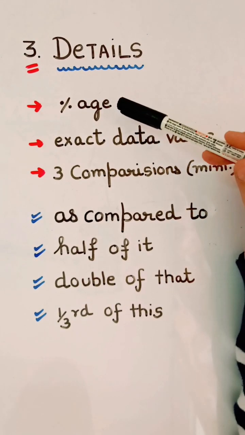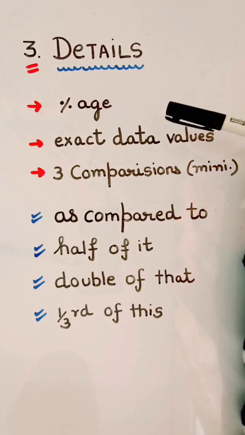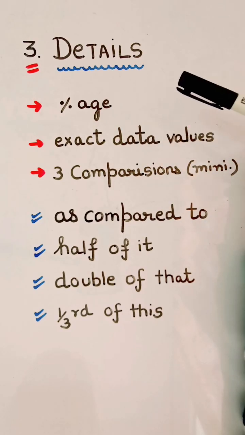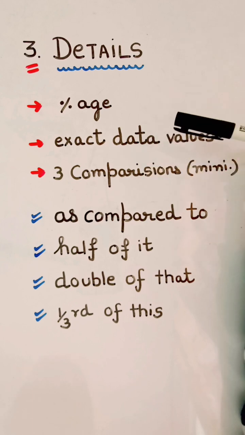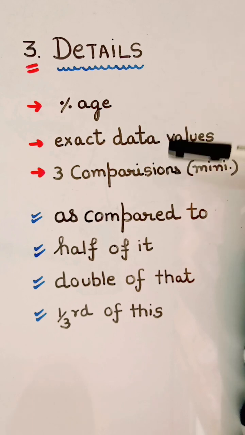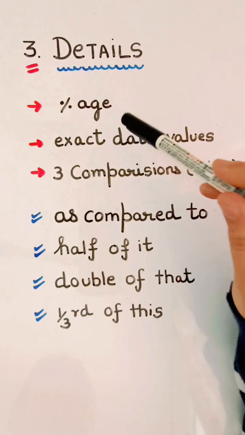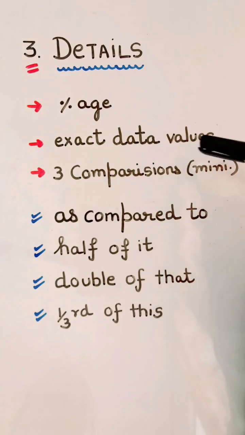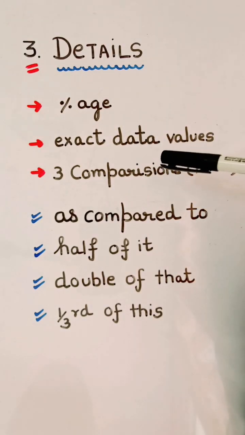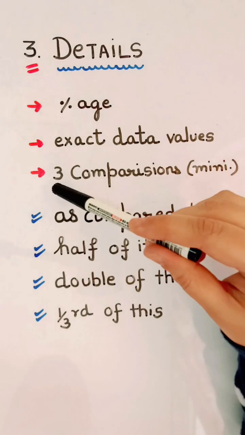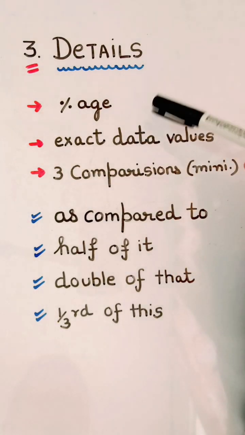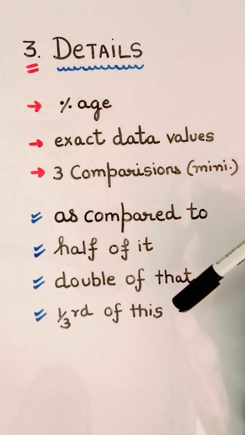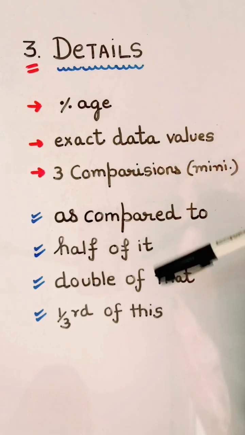Whether the percentages are given, some figures are given, years, okay, in the chart, in the table, bar graph, pie chart, you have to mention those exact data values in details. So first of all, you should keep these hints in your mind. Okay, keep on revising it.